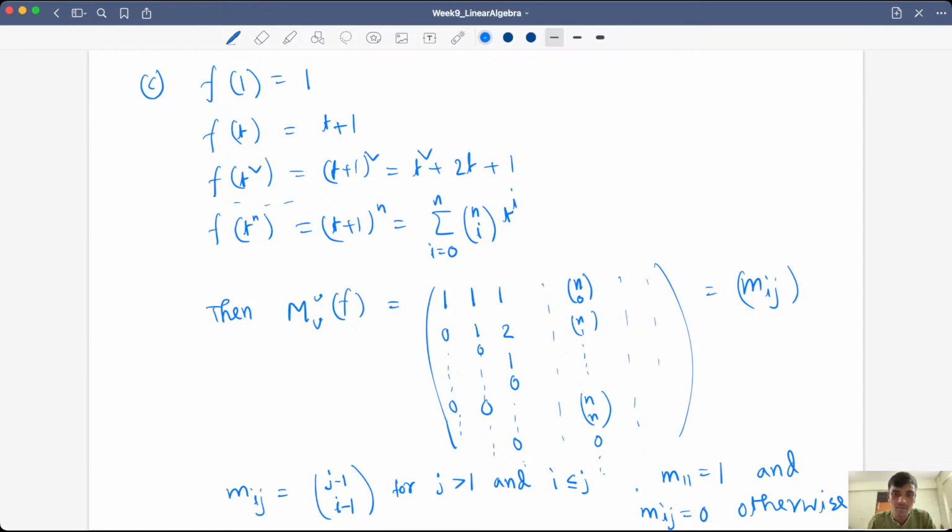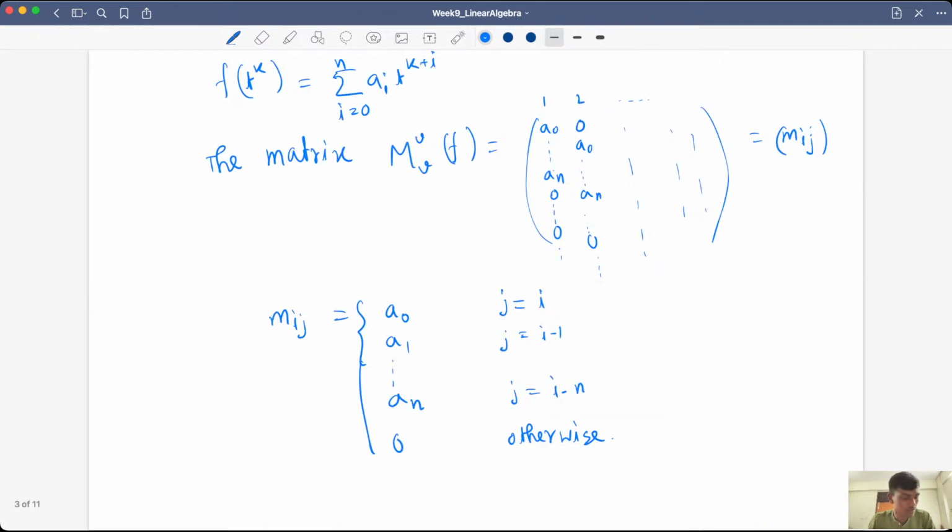Here you see that this matrix actually is an upper triangular matrix, and all the diagonal entries are just 1, right? So this is also an invertible matrix. In the previous case, it was a lower triangular matrix, right? Because the diagonal entry always is a0.